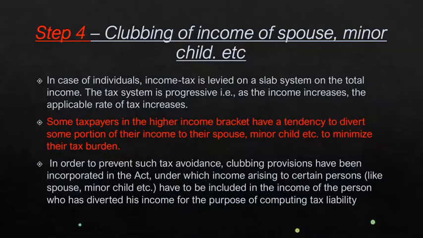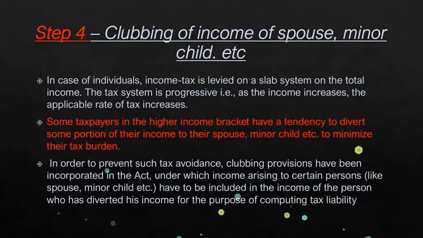Step 4. Clubbing of income of spouse, minor child, etc. In case of individuals, income tax is levied on a slab system on the total income. The tax system is progressive, i.e., as the income increases, the applicable rate of tax increases.